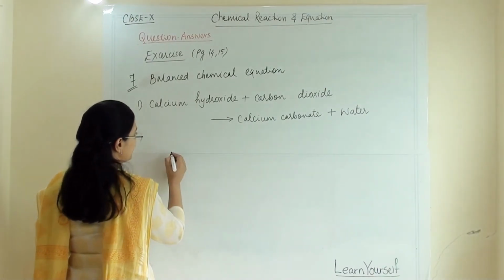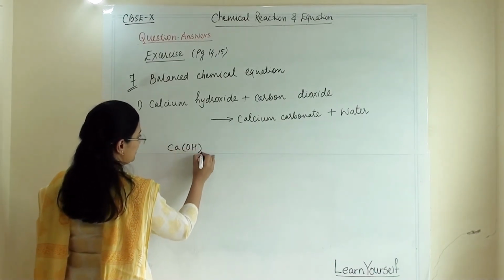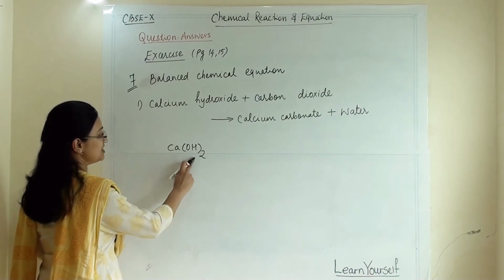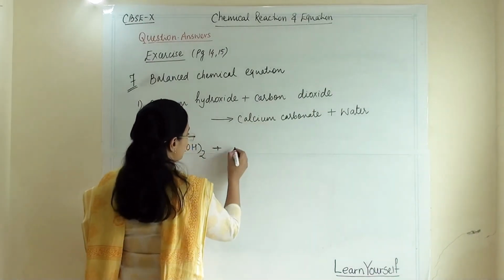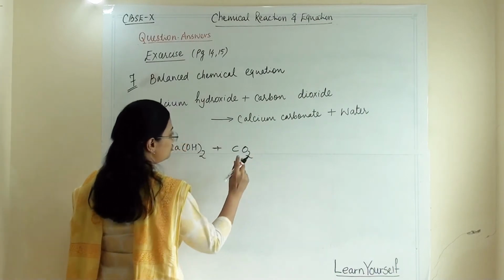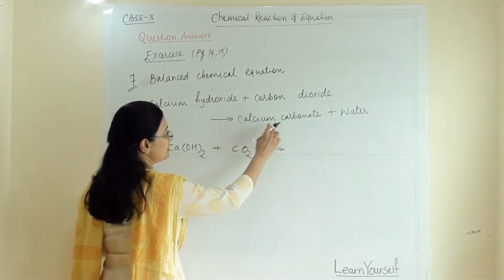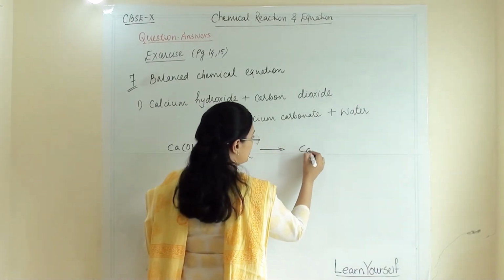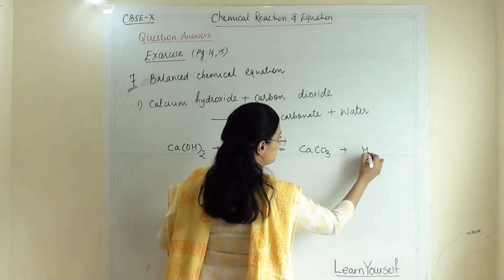Calcium hydroxide, that means it is calcium and hydroxide, and molecular formula will be Ca(OH)2, plus carbon dioxide, carbon 1, oxygen 2, CO2. It will give us calcium carbonate, CaCO3 plus water.